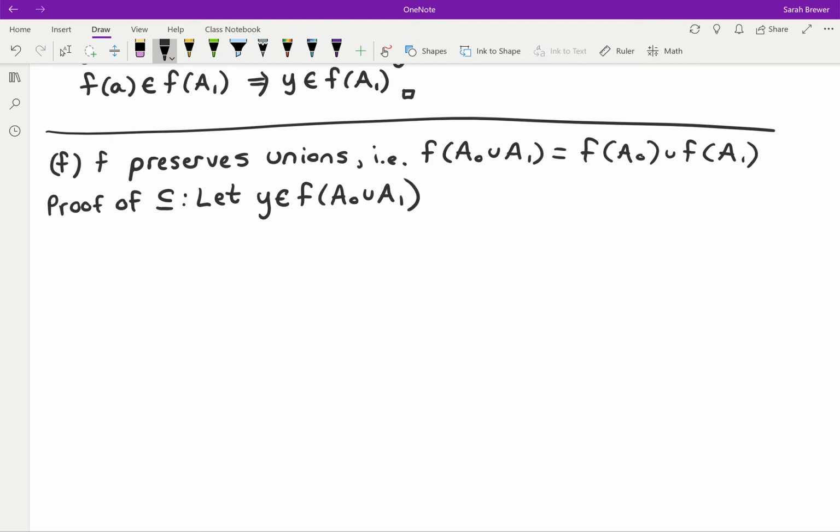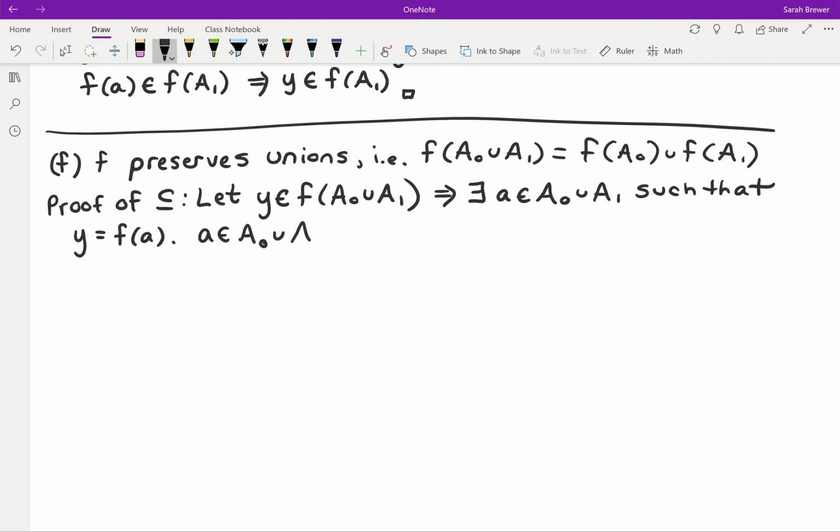I'm going to use that image definition to tell me that there's some element a in that union such that y is equal to f of a.